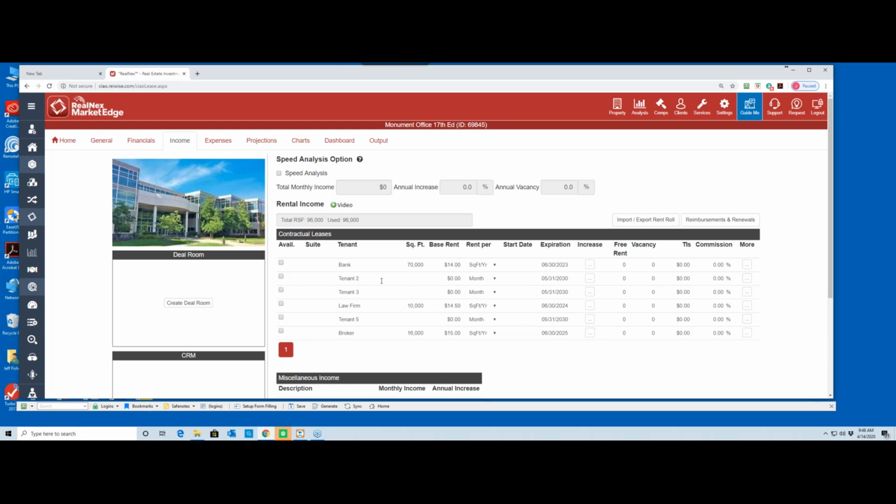Those are just completely ignored. These are just tenant inputs that I'm not using. So they have zero base rent. Those aren't even impacting the analysis since there's no square feet for these ones that I'm not using.